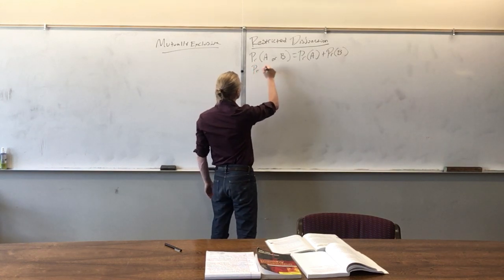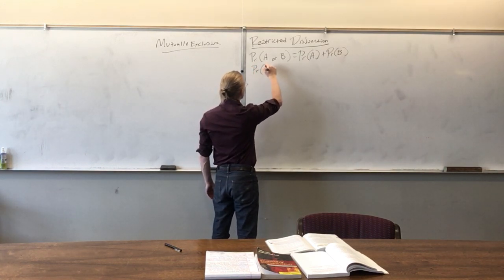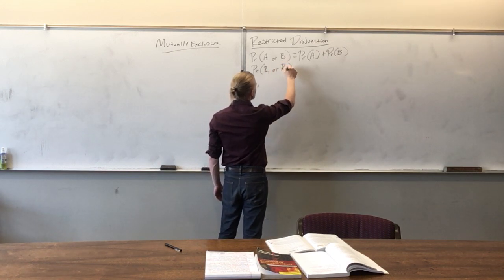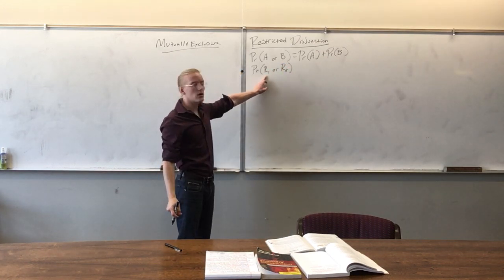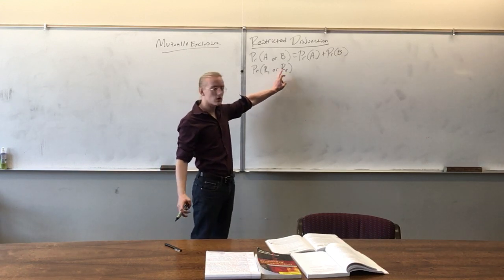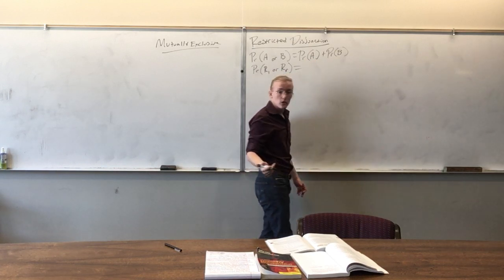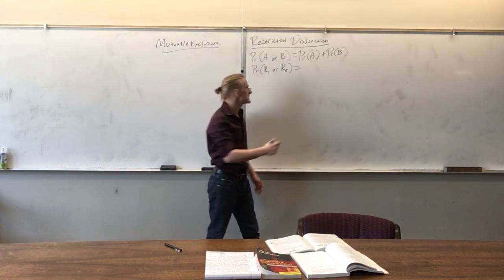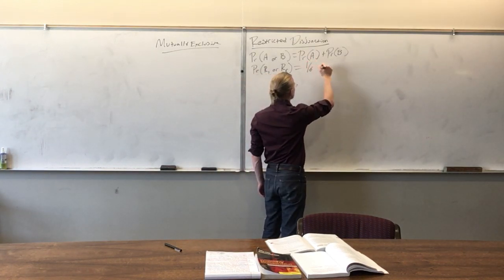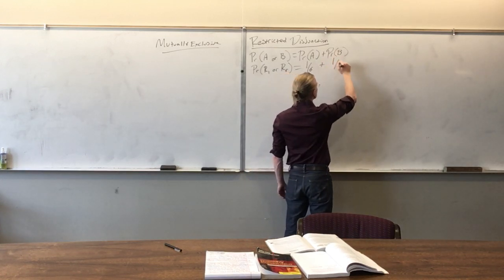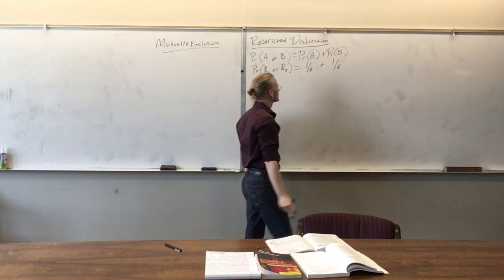Well, the probability of rolling a 1 or rolling a 6. So what I've done is subscripted R1 is rolling a 1 and R6 is rolling a 6, equals, what's the probability of rolling a 1 on a die? Well, it's 1 out of 6, right? Plus, what's the probability of rolling a 6? 1 out of 6.